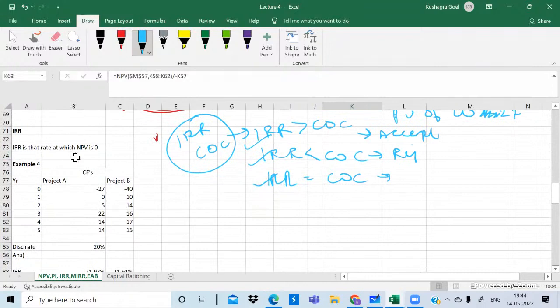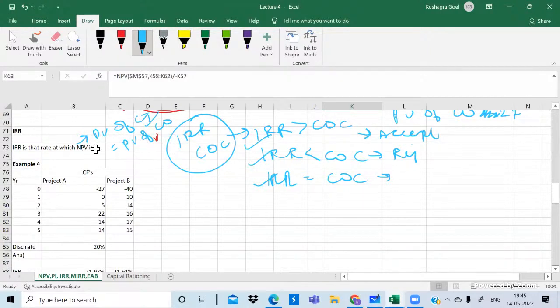Now, let's look at how you calculate IRR. The real definition of IRR, which is typically given in the books, is this: IRR is that rate at which NPV is 0, which means it is that rate at which present value of cash inflows is equal to present value of cash outflows. Because how do you calculate NPV? Present value of cash inflow minus present value of cash outflow.